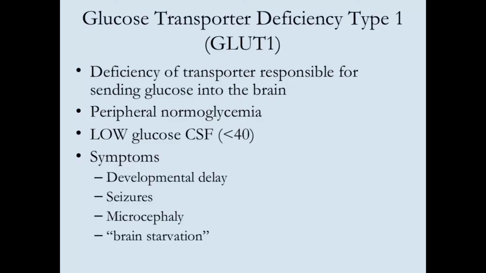And the way you can diagnose it is through a low glucose CSF. So if you remember nothing else about maybe this slide, just know that a CSF glucose less than 40 in the face of normal blood glucose is totally not good, and you should think about GLUT1 deficiency. And hopefully it won't be that, but at least you will have considered it.